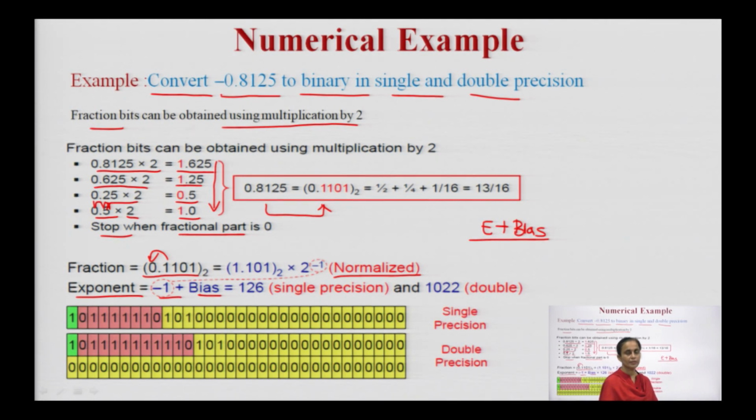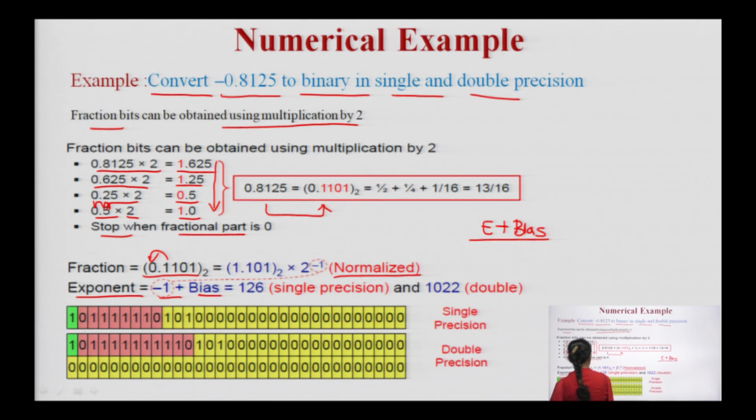If we are representing the number in single precision, then this value is 127, and if we are taking 64-bit double precision, then this value becomes 1023. We will discuss it in the next slide.